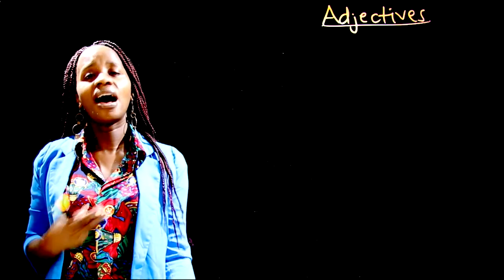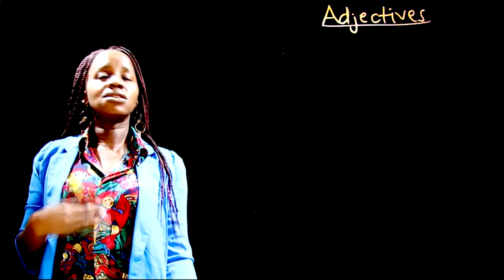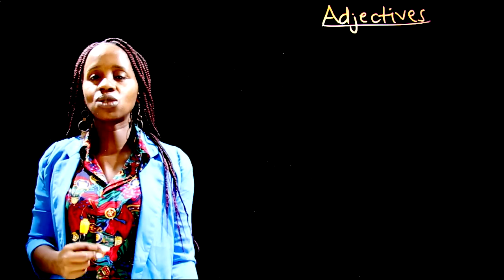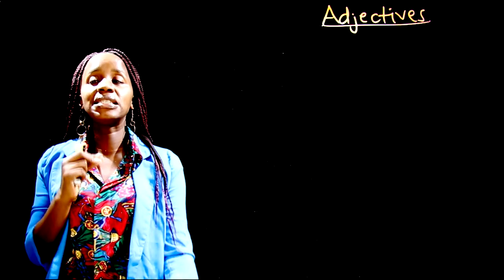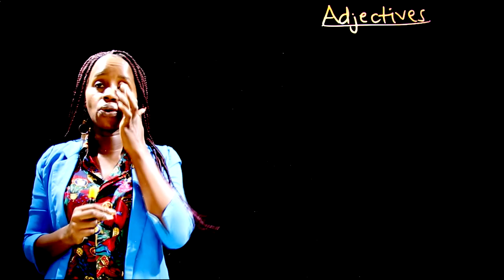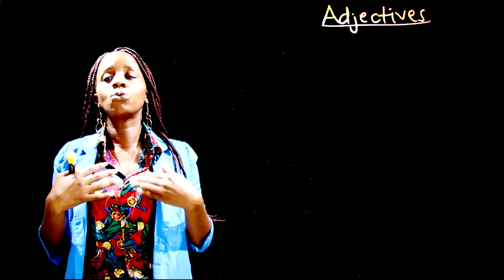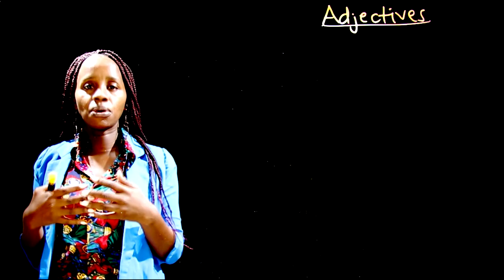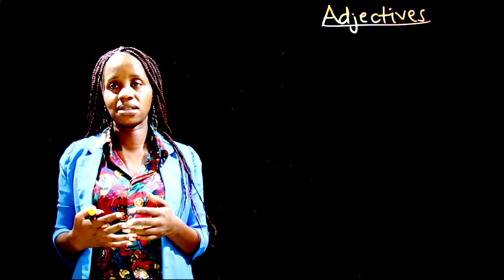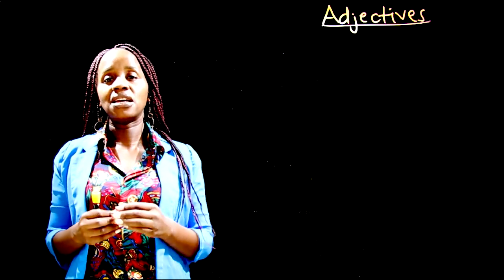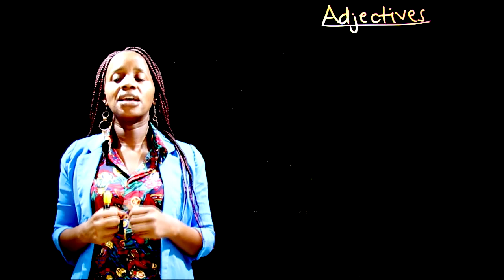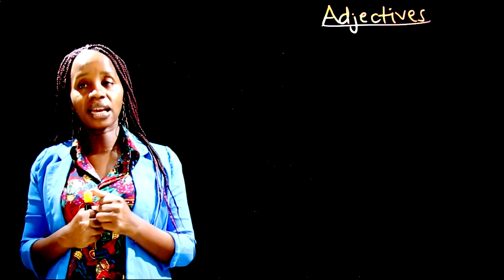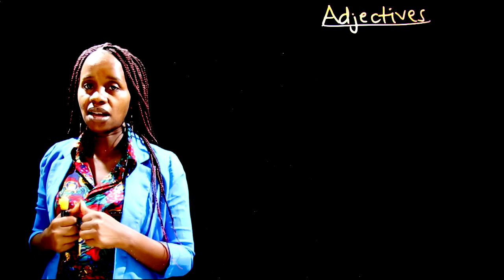Adjectives will help you know the exact word to use when describing whatever you will be talking about, so that people do not get the wrong message. Remember, language is all about communication. If you do not communicate appropriately and correctly, people might misunderstand you.